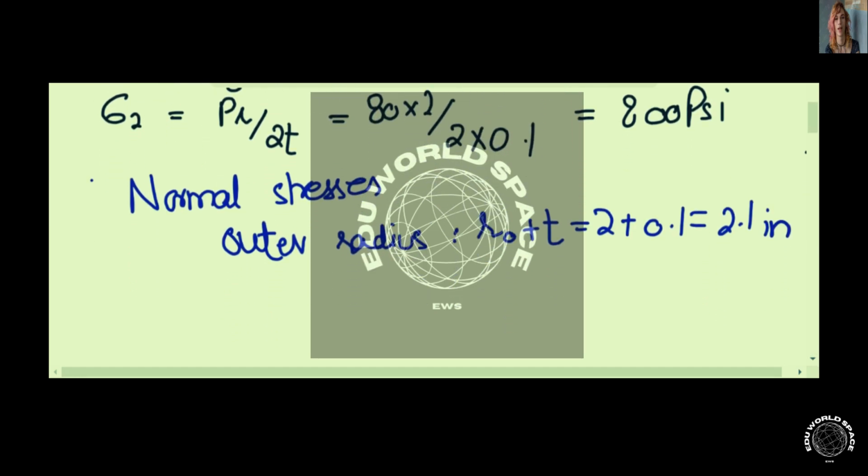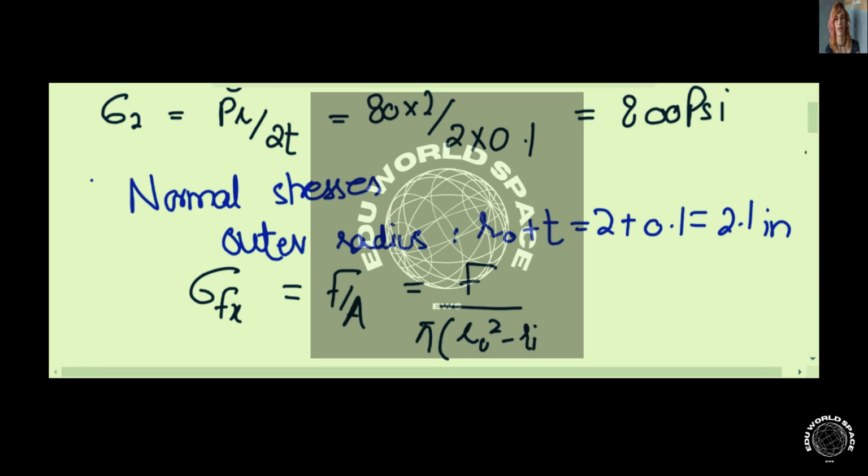Now we find this normal stress. Sigma sub fx is equal to F divided by A, which is F divided by pi times R naught squared minus Ri squared. Plug in the values and we get 388.4 psi.